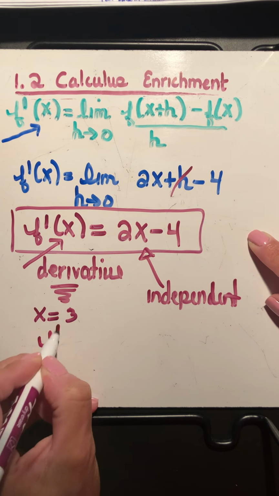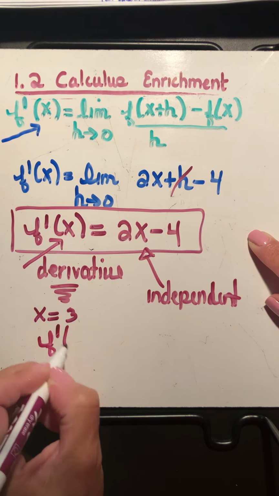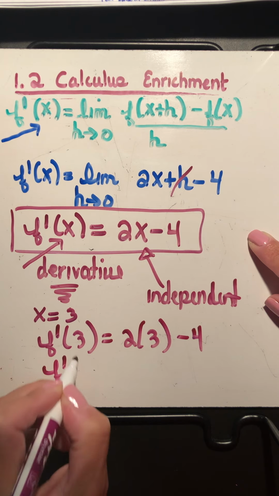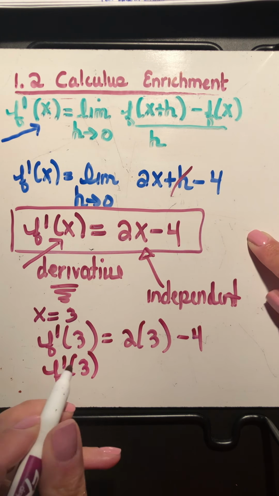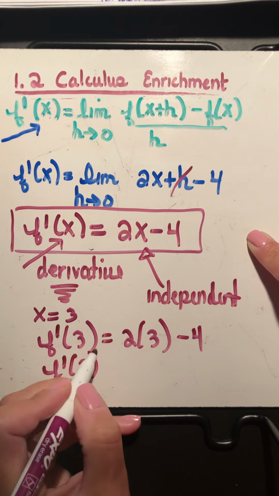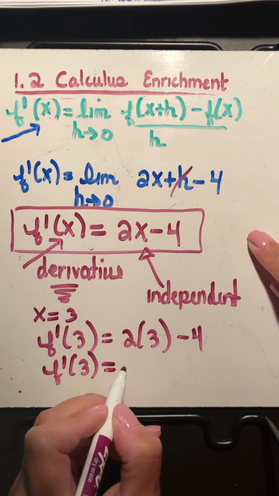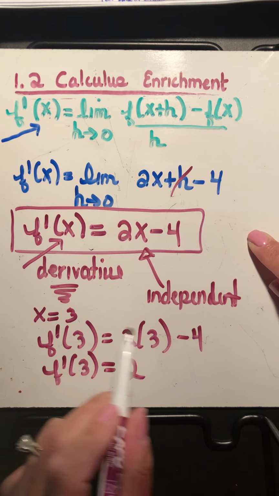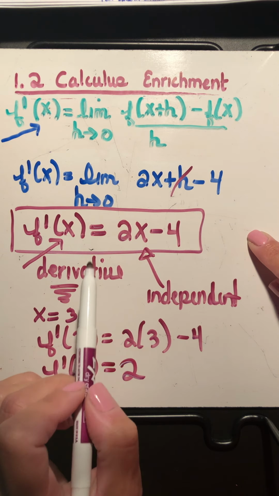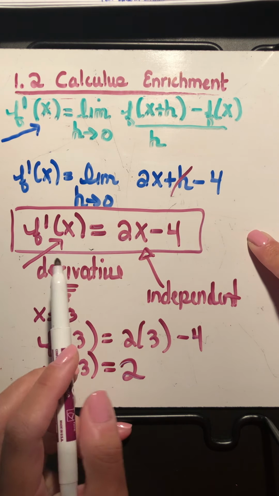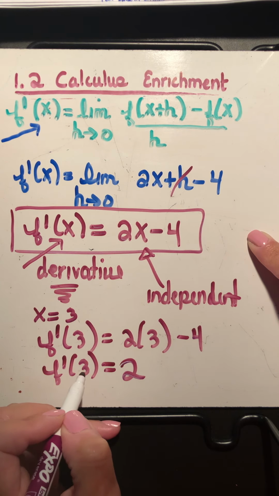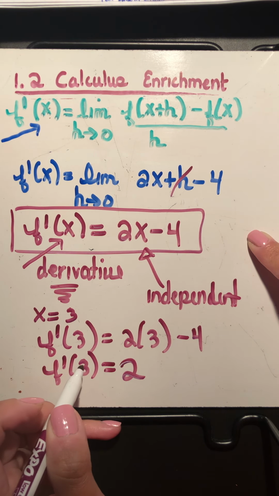So I could say f prime of 3 equals 2 times 3 minus 4, and the derivative, or slope, or rate of change when x equals 3 on this particular parabola is 2. If I were to graph the original function on Desmos and look at the point x equals 3, the slope at that exact point would be 2.